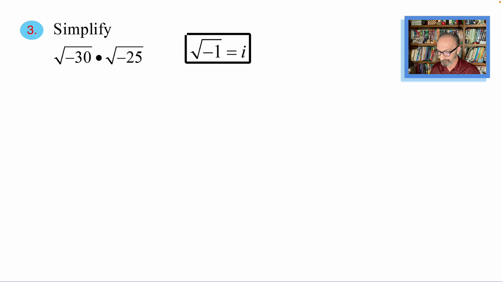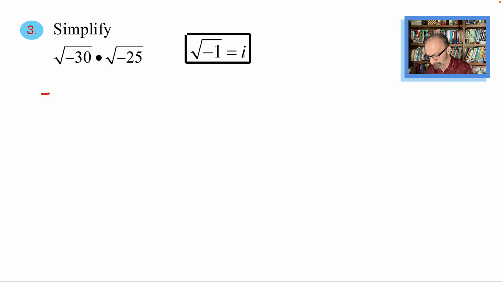Number 3. We have 2 square roots, but the square root of -1 equals i. So we could do the following. Now 30 is 2 times 15, and neither 15 nor 2 is a perfect square, so let's keep it 30.